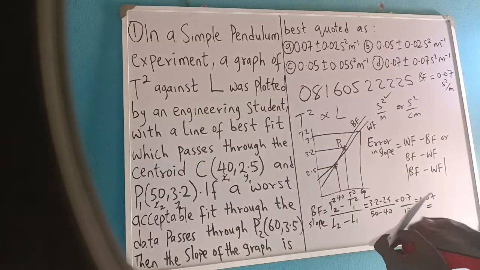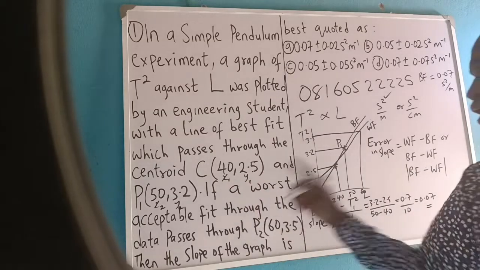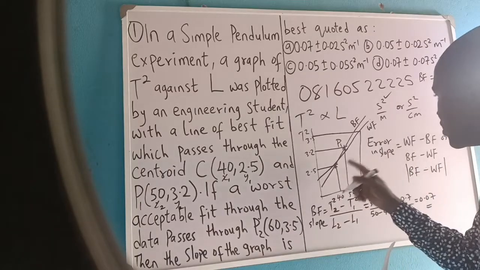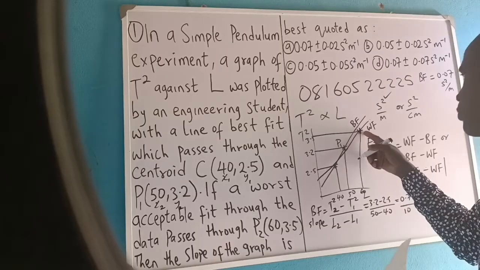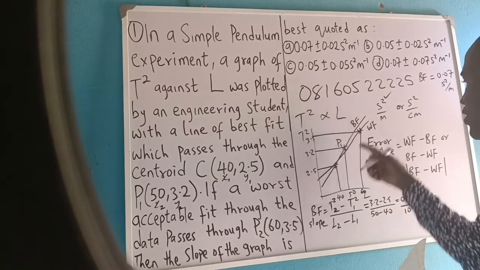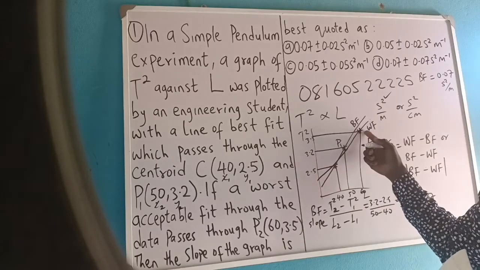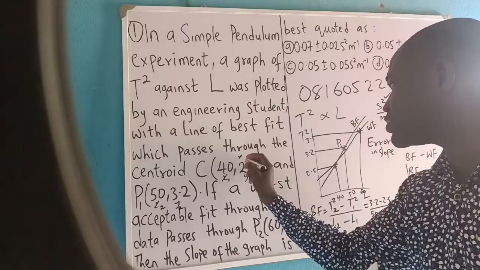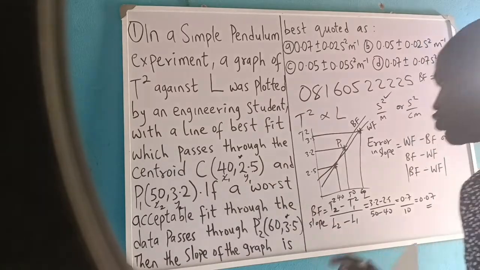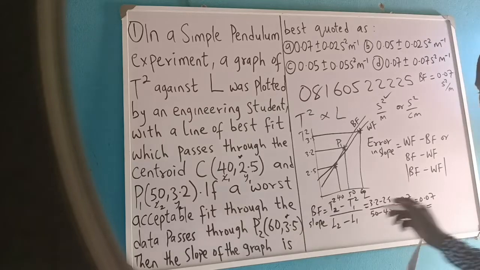Now you go again. You say, let me get the worst fit. For the worst fit, I will compare the centroid and this point, because this point and the centroid are what own the worst fit line. So I will now compare the centroid and the point P2. That means the t squared 2 of it is 3.5.